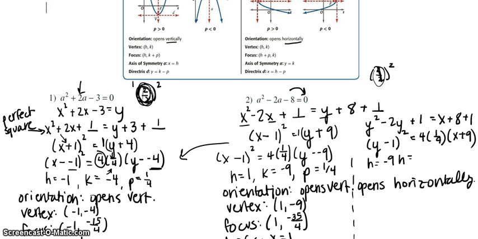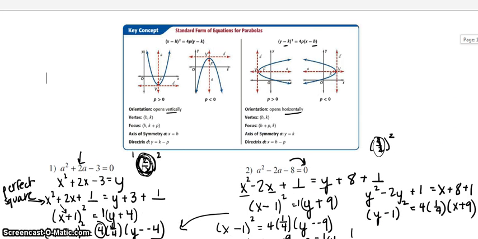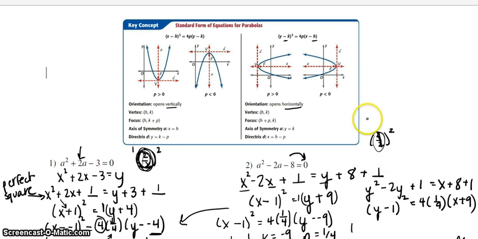Oh no, that's y. So I'm going to write this up here, so we can refer back to it. We want it in the format y minus k squared equals 4p times x minus h.